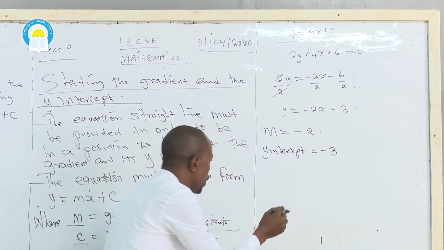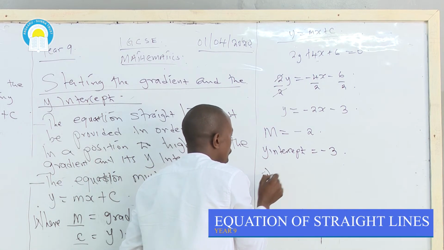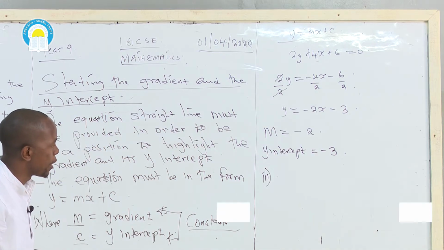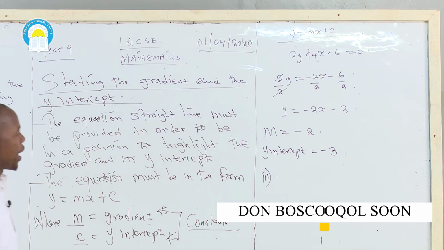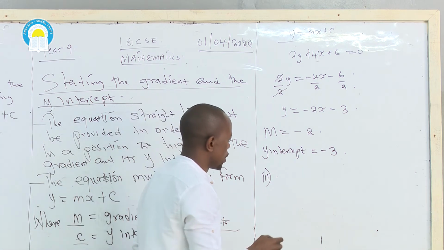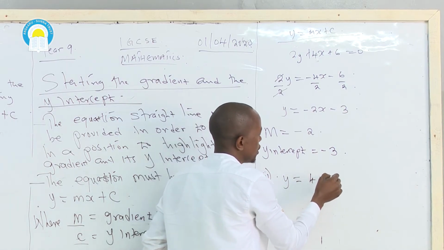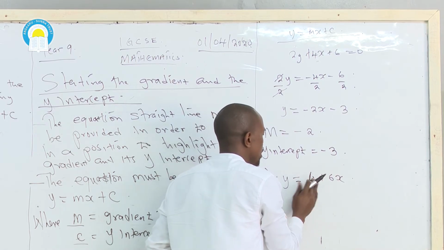Lastly, I also want to talk about Roman 3. In Roman 3, I want to give an equation where we need to write the gradient and the y-intercept. I can say we have y is equals to 4 plus 6x. Now, this one, you can look at it.